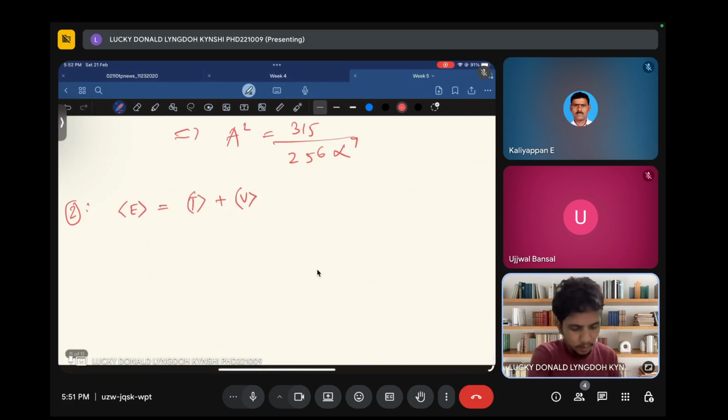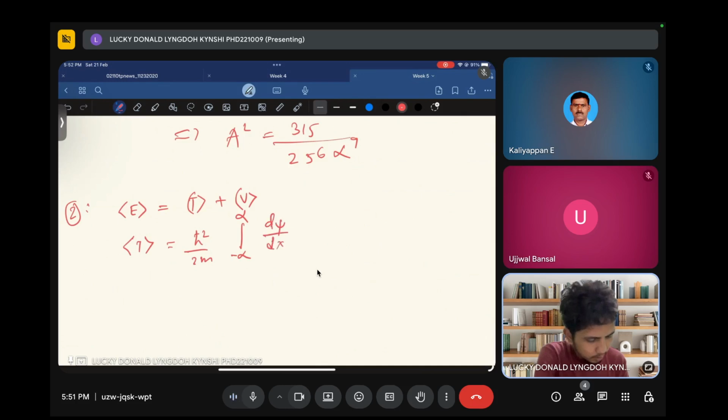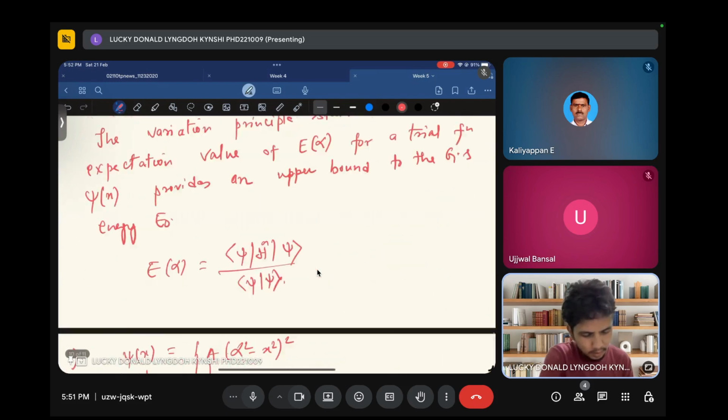Now T is what? Your kinetic energy is h cross square by 2m, integration from minus alpha to plus alpha, d psi by dx whole square dx. How do I get this one? You go back to the first term here.